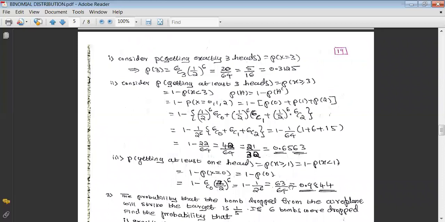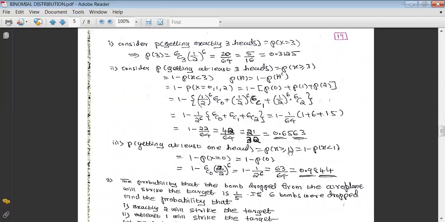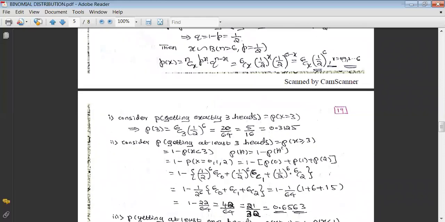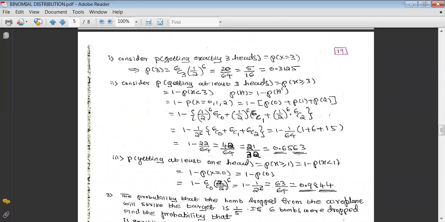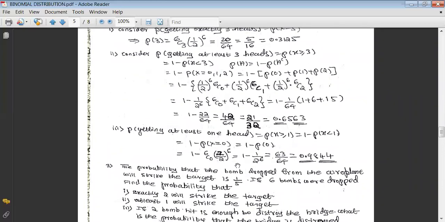Rather than that, using the complement law, this can be written as 1 minus the probability of x less than 1. Less than 1 means the only permissible value is 0. With one probability we can manage the situation. That is 1 minus P of x equals 0, which is 1 minus 6c0 times 1 by 2 raised to 6.